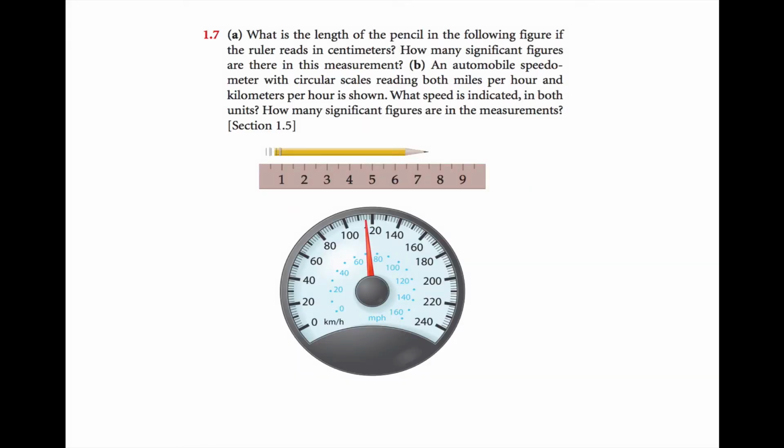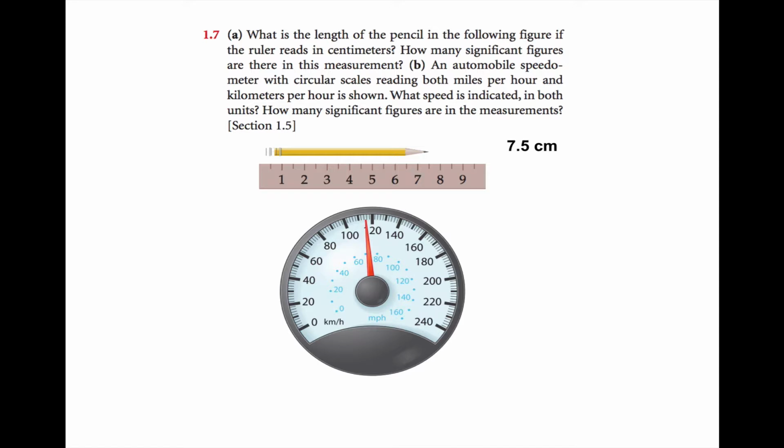What is the length of a pencil in the following figure if the ruler reads in centimeters? How many significant figures are there in this measurement? Okay, so looking at the ruler, it's a little bit hard to read. It looks like that pencil is greater than 7 centimeters and halfway in between, so 7.5 centimeters.